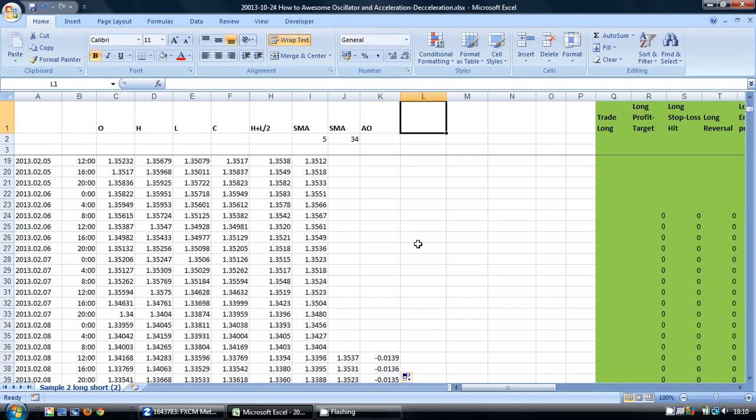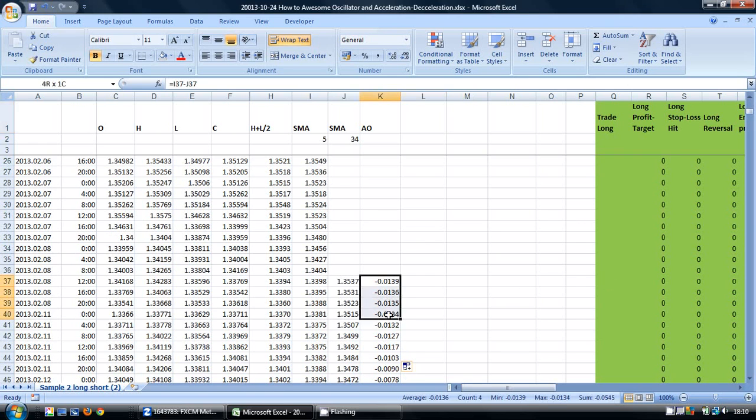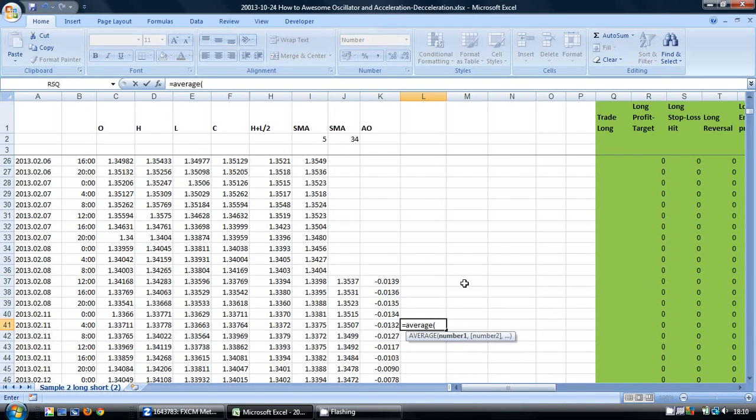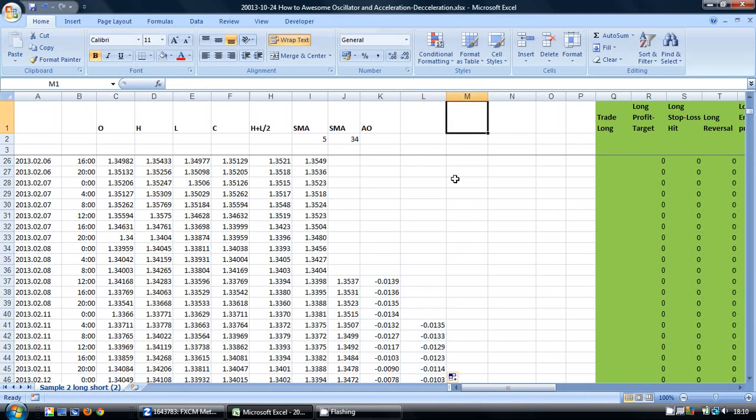Now if you also want to calculate the acceleration deceleration indicator, what we're going to do is take another SMA. I'm going to put that in here, and the formula will be equals average these 5 cells, and copy this down, and in the next cell I'm going to put in the AC, and this is calculated by taking our awesome oscillator and subtracting from it the 5-period SMA that we've just calculated.